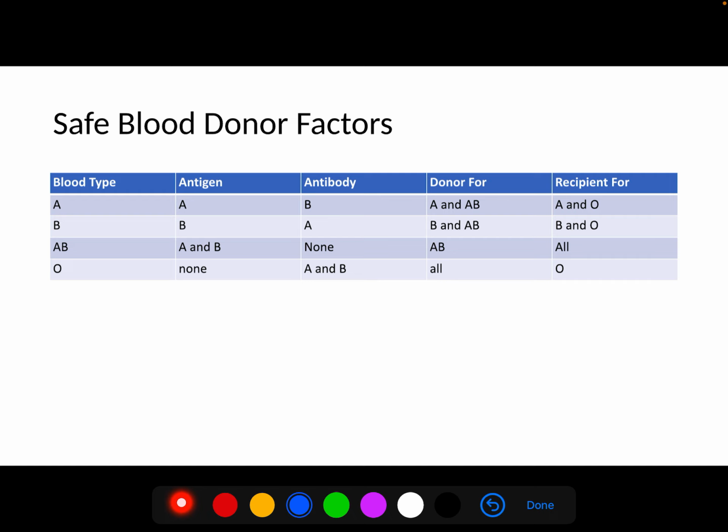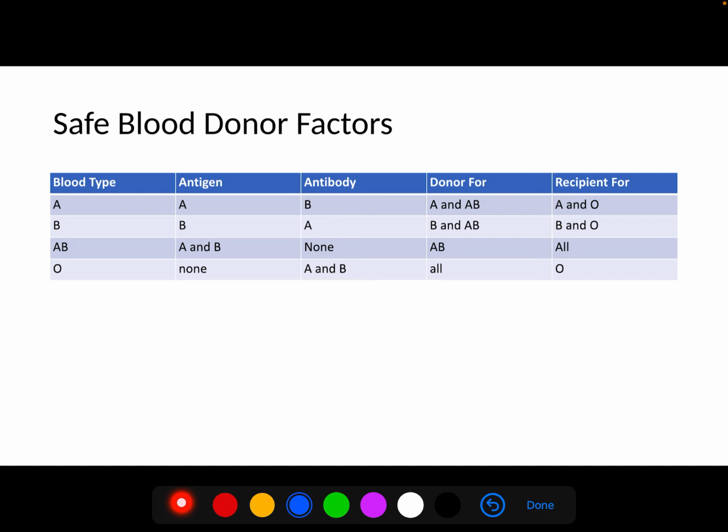And then if you're type O, you guys may have heard of type O is the universal donor. Since type O blood does not have any antigens, it cannot react with any antibodies from other people. So they can donate to anybody, any blood type.